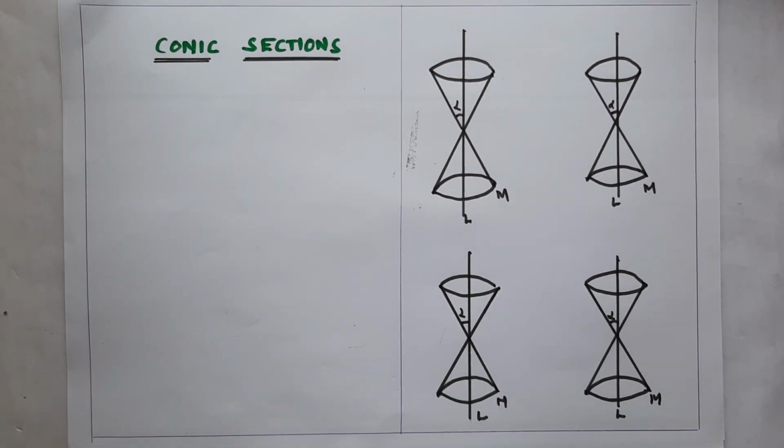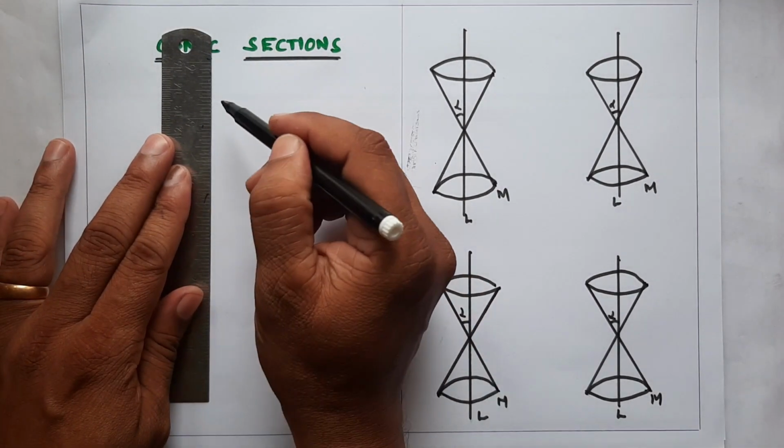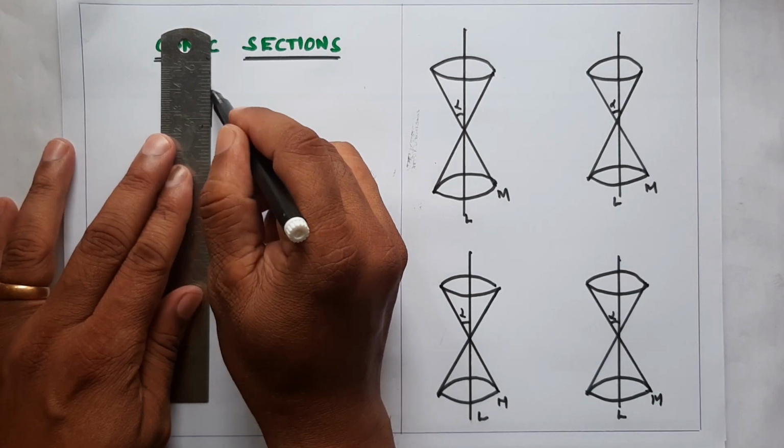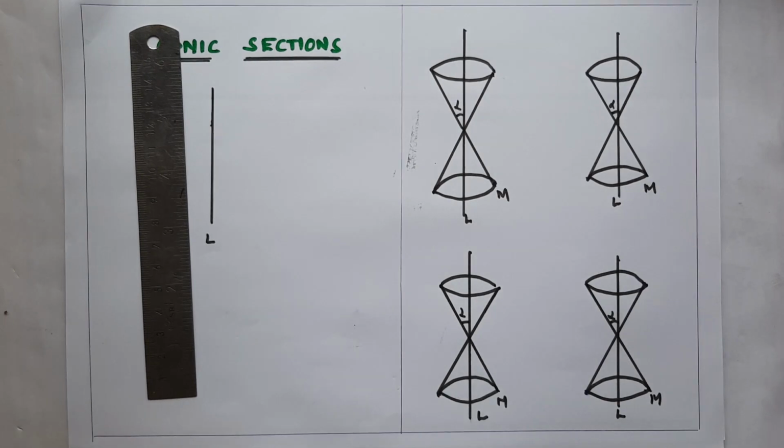First of all, we form a cone. Another name for this cone is a double napped right circular cone, double side nappe. First of all, we fix a line, that is L, a fixed line.